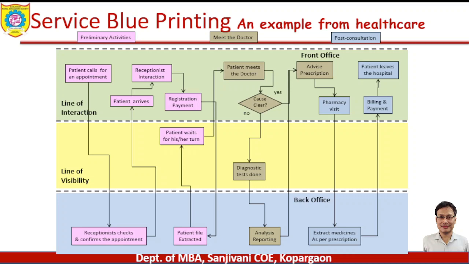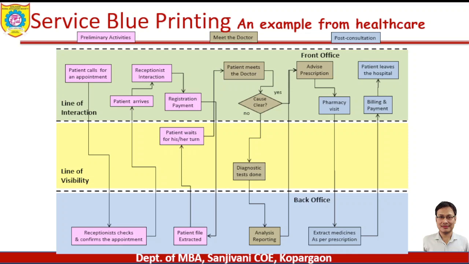So let us take this example of healthcare, whereby the customer starts with the preliminary activities. When the customer contacts the healthcare provider, might be a clinic or a hospital, then the customer meets the doctor and takes the treatment. Then, after getting the treatment and recovery, the customer leaves the healthcare.